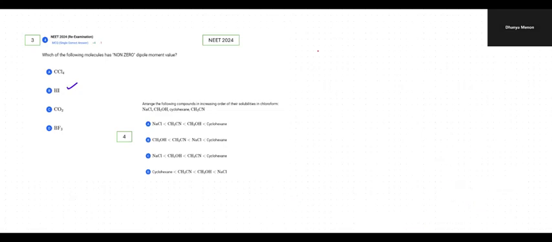Arrange the following compounds in increasing order of solubility in chloroform. You know chloroform, CHCl3. Chloroform is the solvent here, CHCl3.